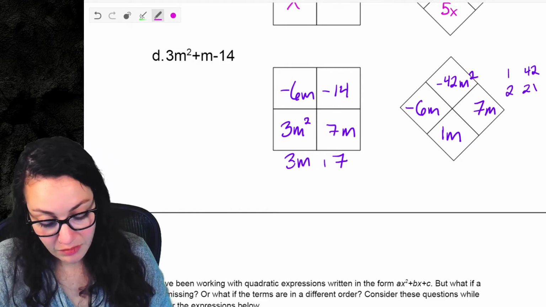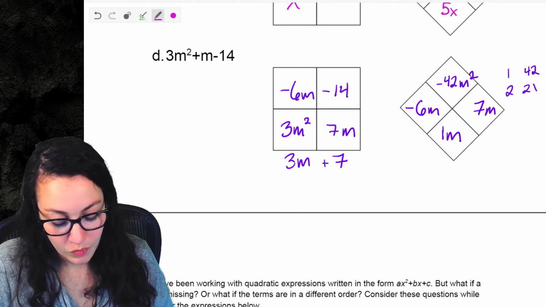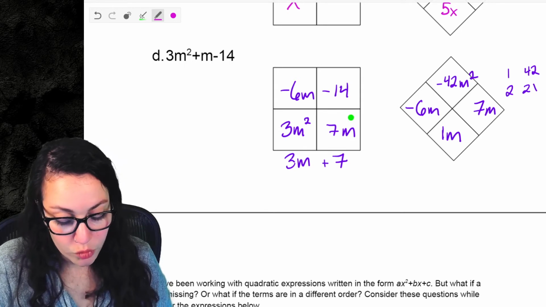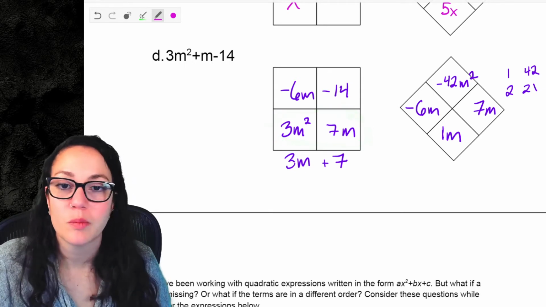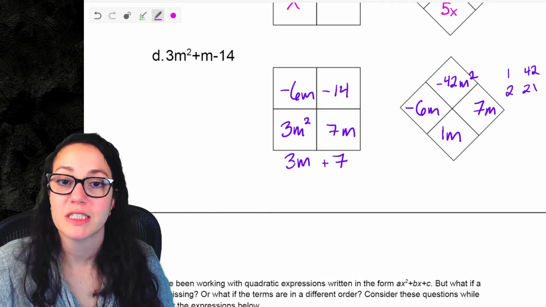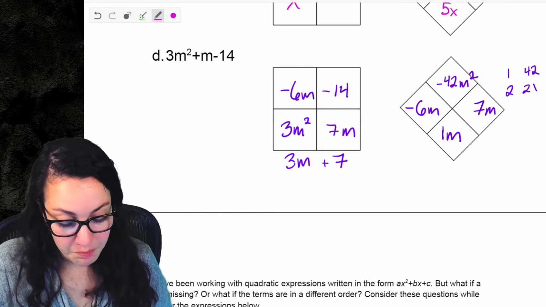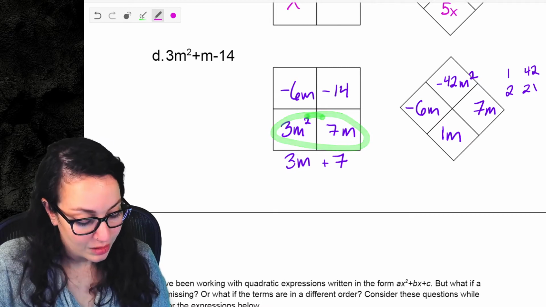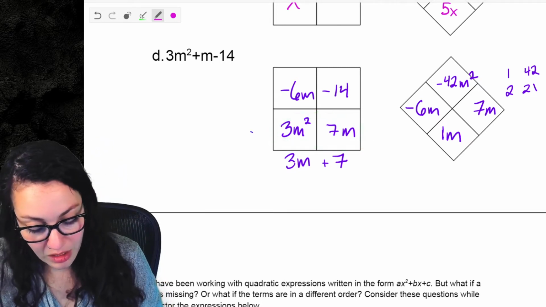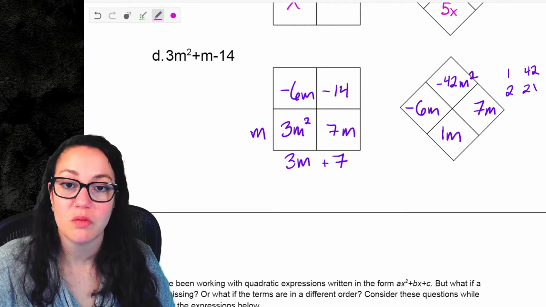And it's a positive 7. So then if I look at my rows, well, 3 and 7 are both prime, so my coefficient on m is going to be 1. And then the greatest number of m's I can take out of those two terms in that row is just m, 1m. So that's our greatest common factor for the row.